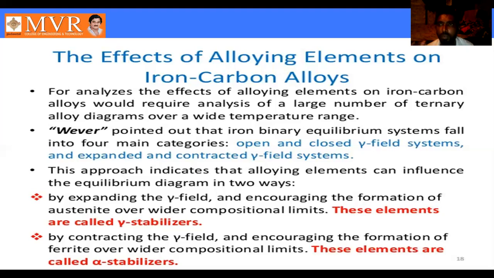So what is the heat treatment procedure? By using the heat treatment procedure, we want to change the structure and properties. This is the main one here. Structure, properties, compositions, we are changing by using the heat treatment procedure.